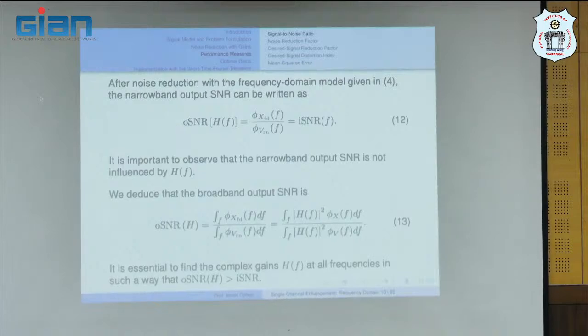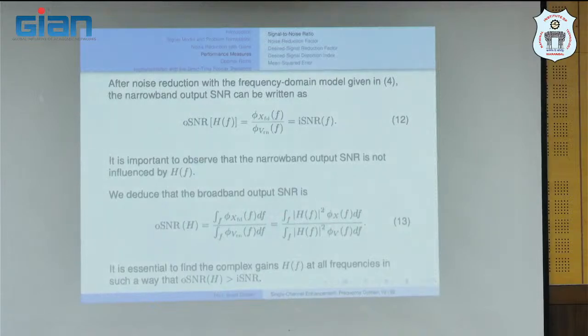We want the output signal in the time domain to have higher SNR, which means that we care about the broadband output SNR. So for the broadband output SNR, we need to compute the energy of the filter desired signal over all frequencies divided by the energy of the residual noise at the output of the estimator. So we have this expression.